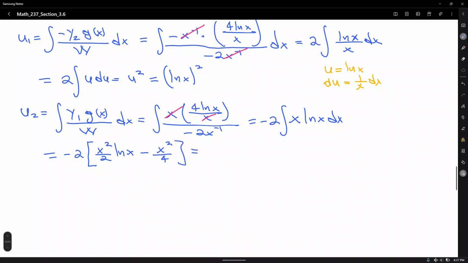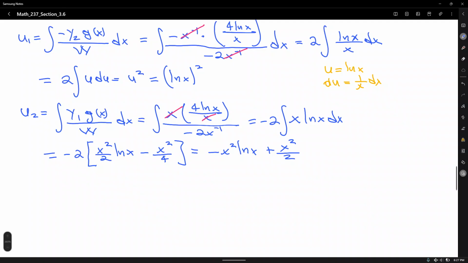All right, let's simplify this by distributing the negative 2 that is multiplying outside. So negative 2, the 2's cancel right here, leaving us with negative x squared ln x, and the negative 2 times negative x squared over 4 leaves us with positive x squared over 2. All right. Okay, so these are u1 and u2.